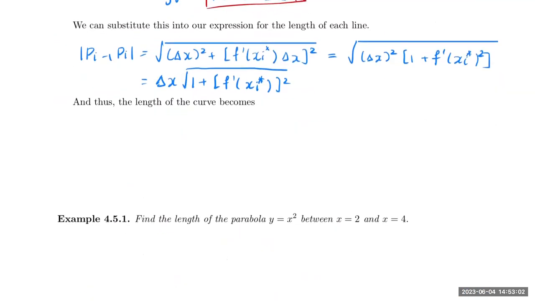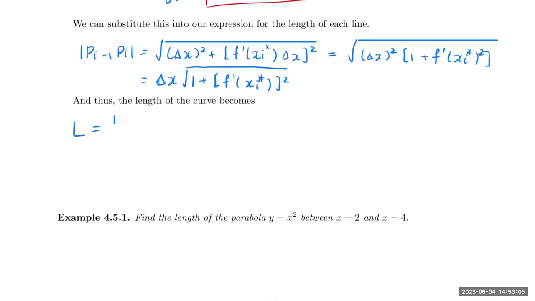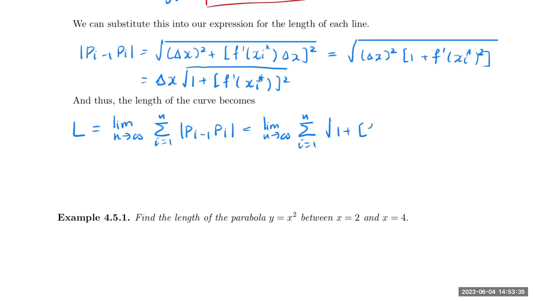So we have that the limit L, or the length, is the limit as n approaches infinity of the sum from i equals 1 to n of P_{i-1}P_i. So this is actually equal to the limit as n approaches infinity of the sum from i equals 1 to n of the square root of 1 plus f prime of x_i star, whole thing squared and square rooted, times delta x.